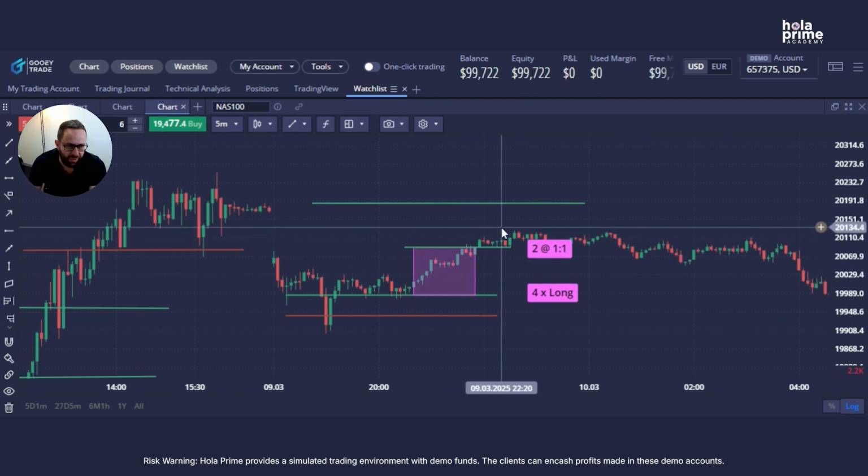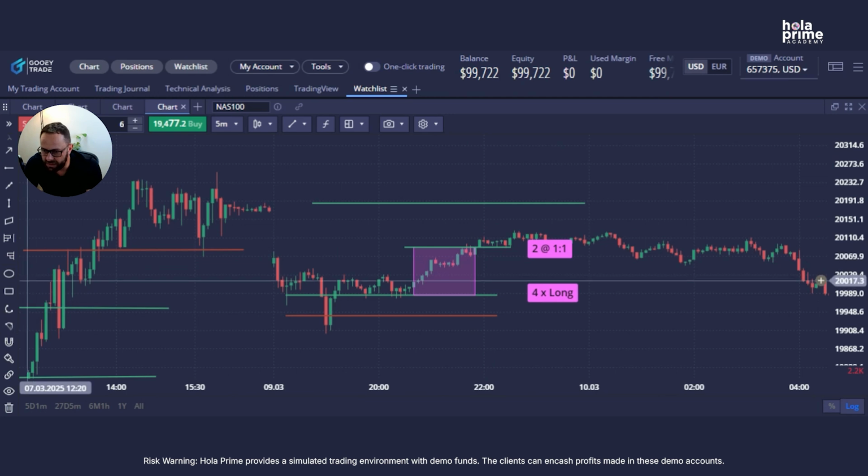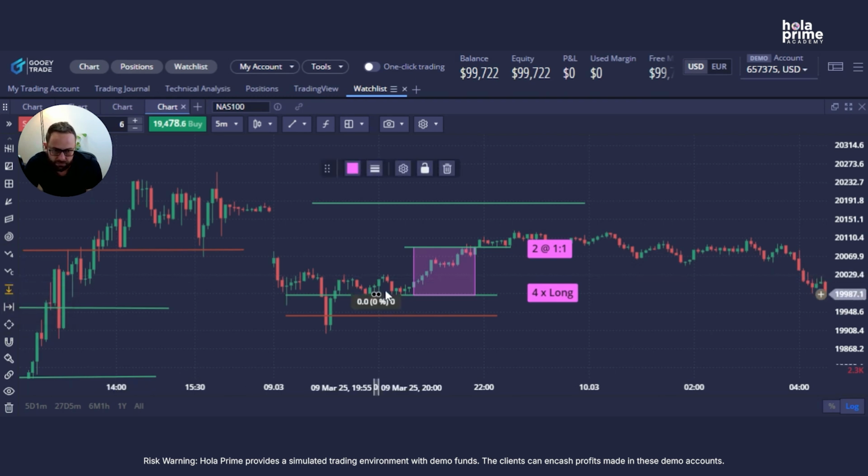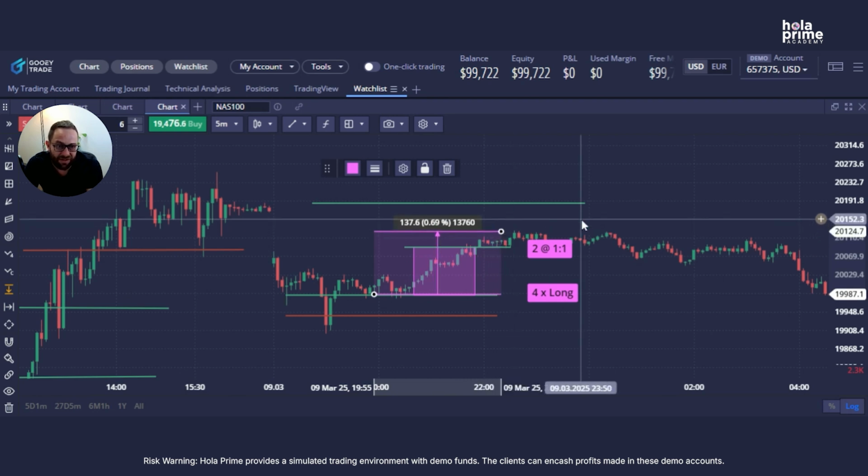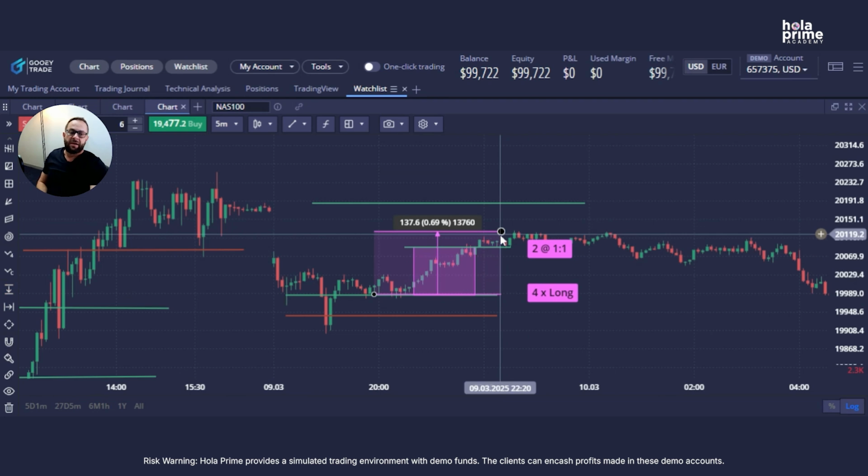I don't know if price actually reached the 1 to 1.5. I can't remember what the actual distance was there. No, I think it was 90 ticks. So 90 ticks or pips times 1.5 was 135 ticks. Yeah, right about there. In this scenario, price would have just reached that 135.